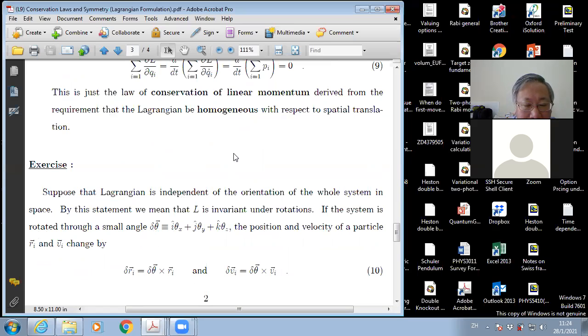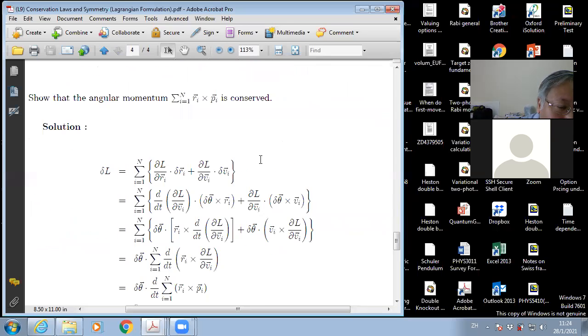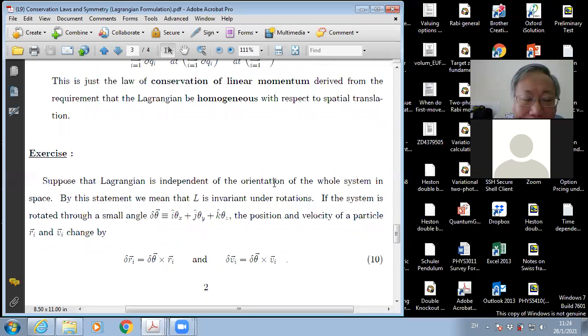In other words, if we perform an infinitesimal rotation to the system, the Lagrangian remains unchanged. All right, the Lagrangian remains unchanged. Now, this property will give us the so-called conservation of angular momentum.